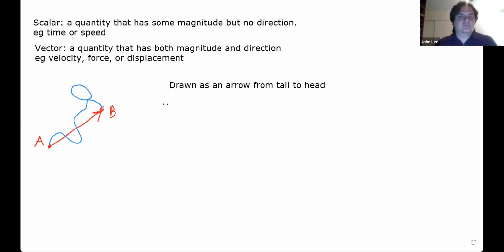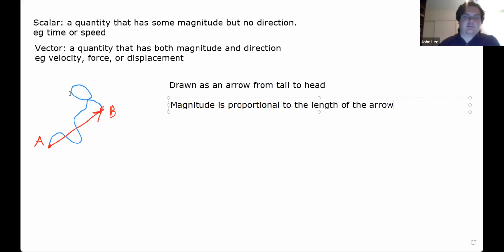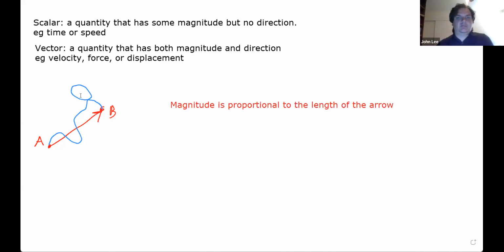Magnitude is proportional to the length of an arrow.